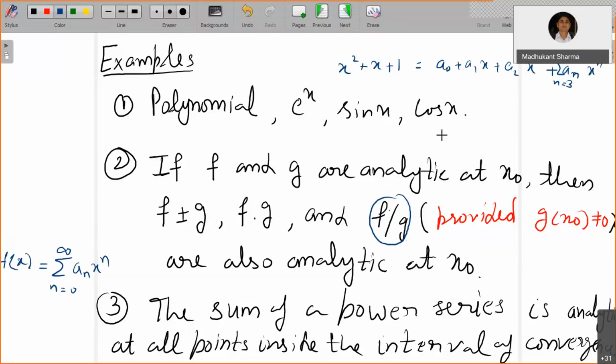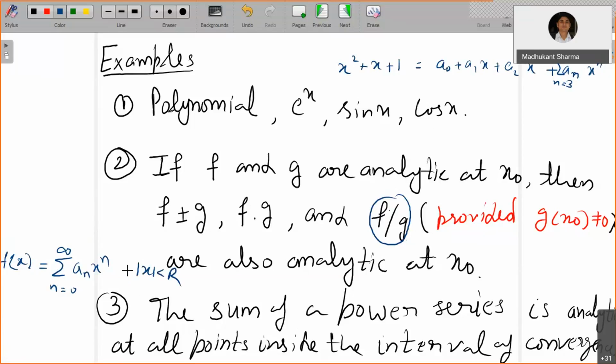But if you have been given any random power series, suppose everything is valid, it is convergent in the interval of convergence, so mod x less than r. Whatever I'm talking about here, you can replace by x minus x naught, because both the series are equivalent, you can obtain each from the other.